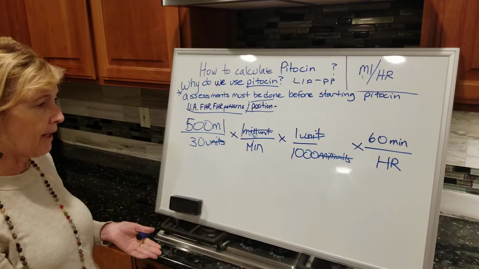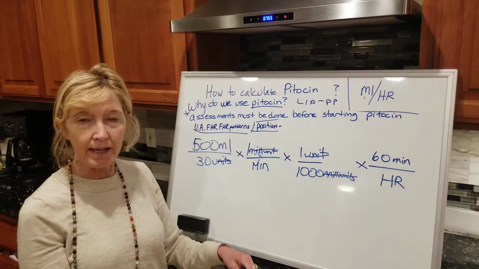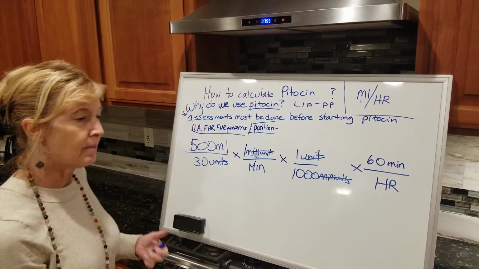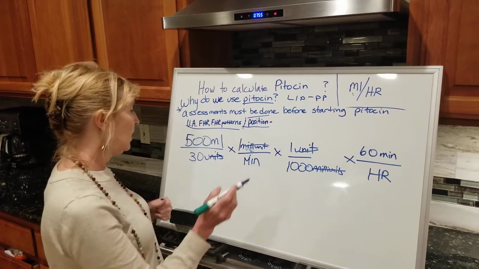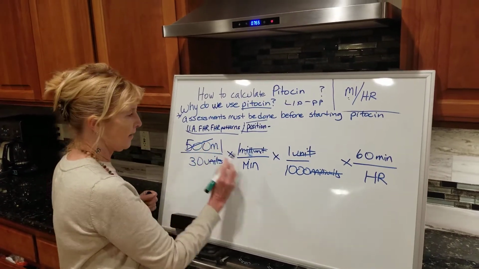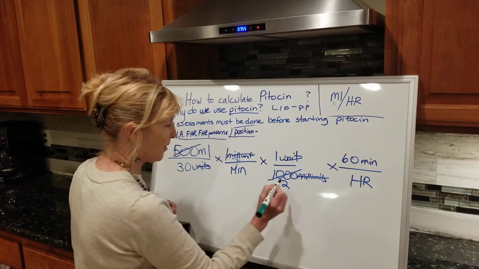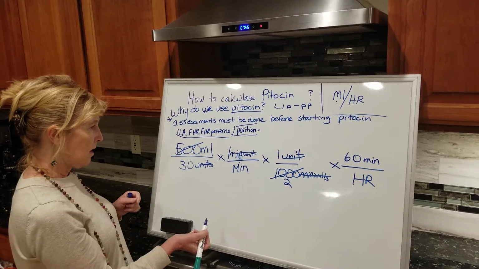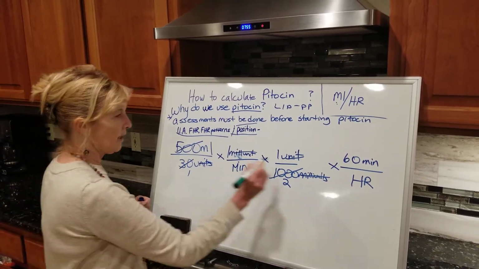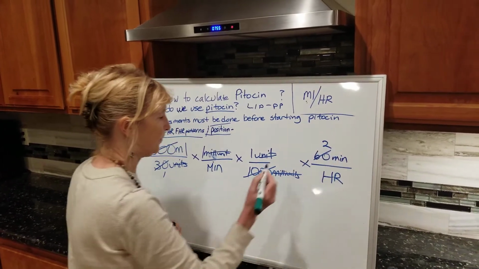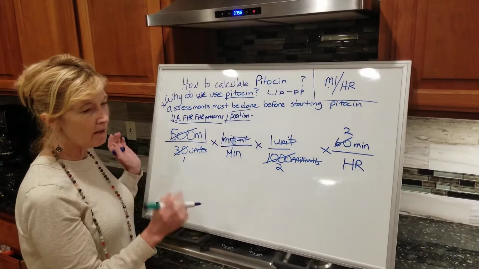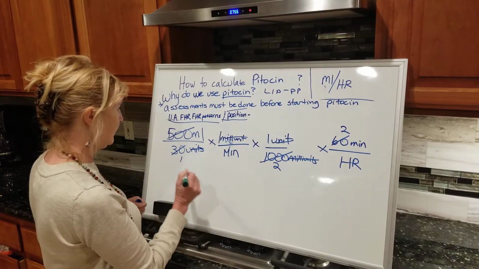So now I'm going to go ahead and cross out the numbers that I can easily cross out since my husband has the phone to record me. So 500 and 1,000, I'm going to put the 2 there. 30 is 1 and 60 is 2. If you don't want to do that, you can just chug out your numbers.